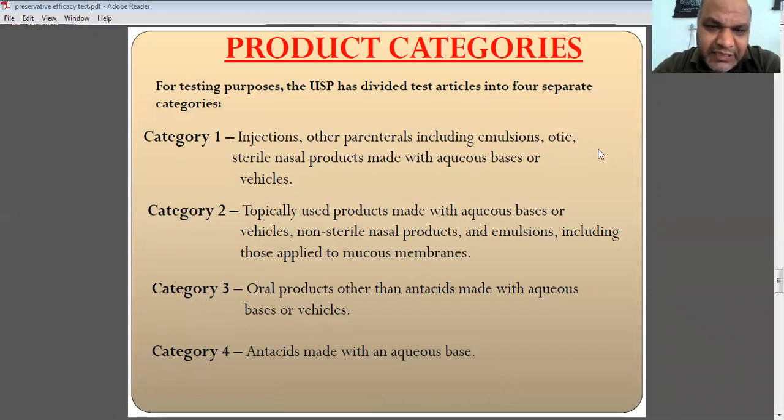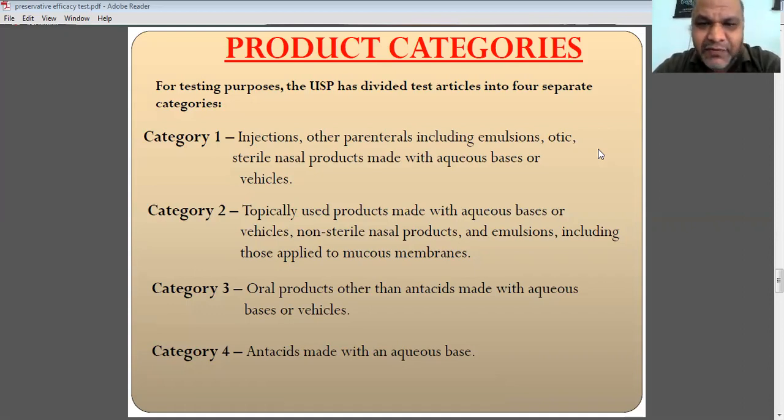As per the United States Pharmacopoeia, they have categorized the articles into four categories, and within those categories we have to identify in which category we are going to test which type of articles. So these are the product categories for testing purposes, and the testing is the microbiological testing.